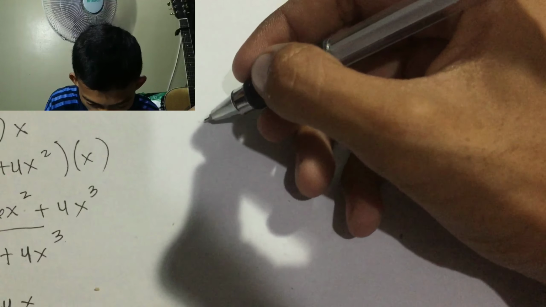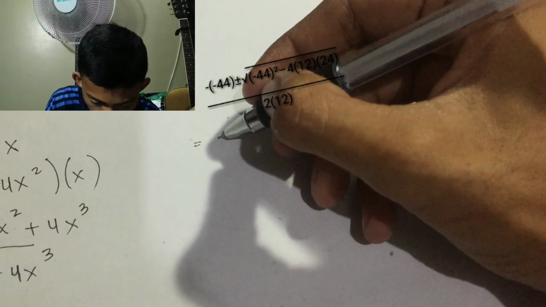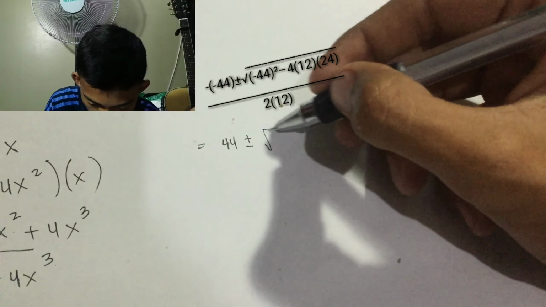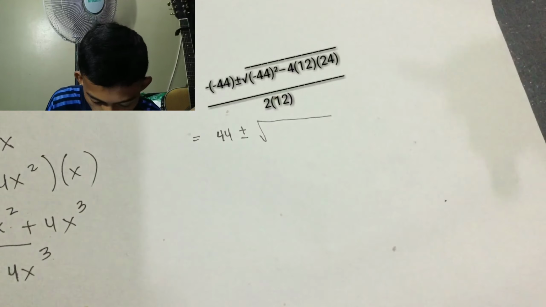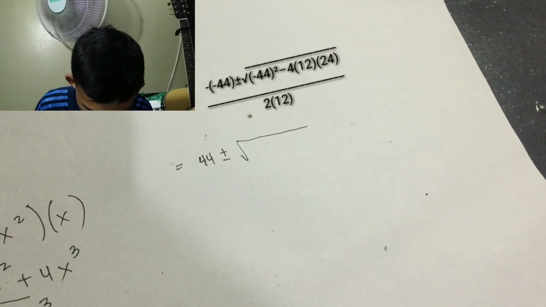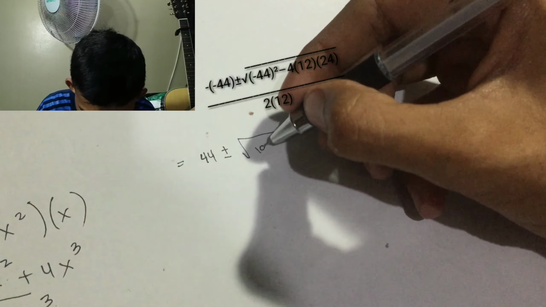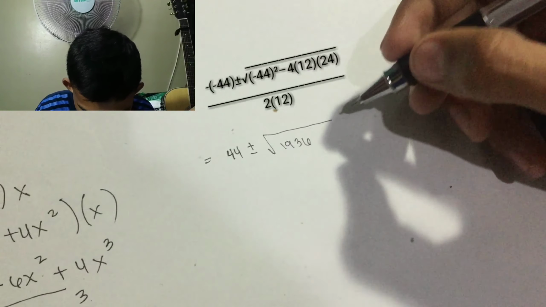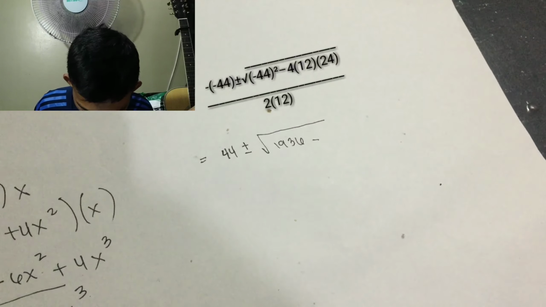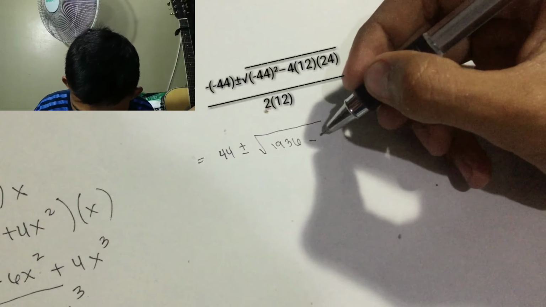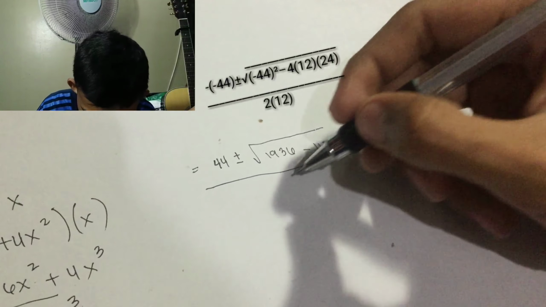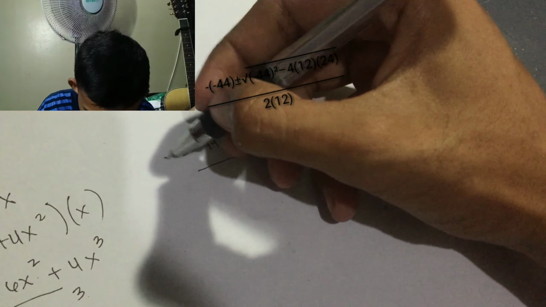And then simplify. Negative times negative 44 will become positive 44, plus or minus the square root of negative 44 squared, which is 1936, minus 4 times 12 times 24, which equals 1152, divided by 2 times 12, which is 24.